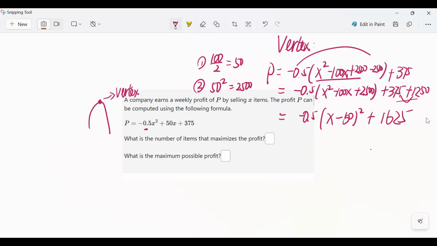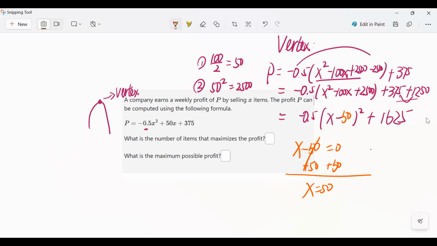Yep, that's right. Now, when x equals 50, we get the maximum profit, which is when x minus 50 equals 0. So the maximum profit occurs at 50 items.